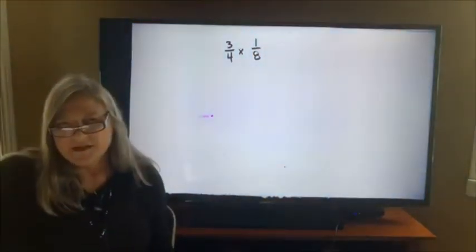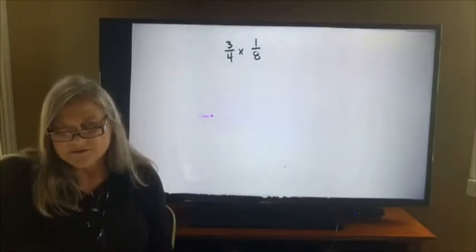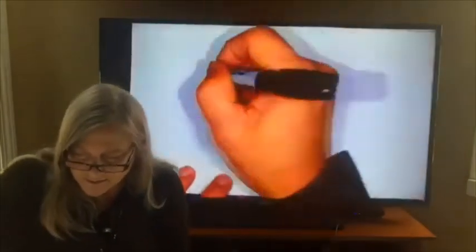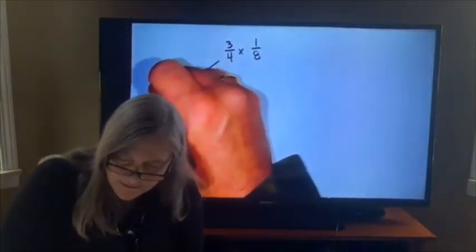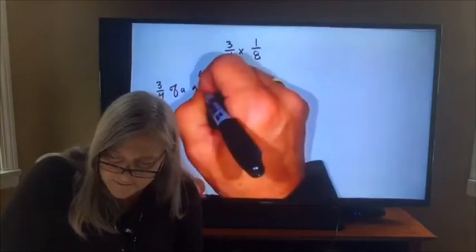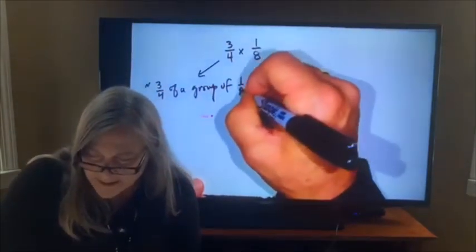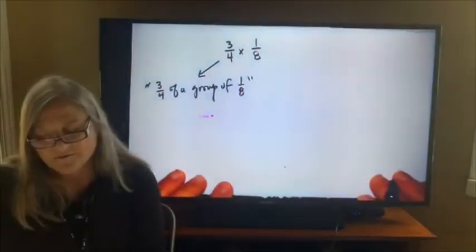So what does that mean? What does 3/4 times 1/8 mean? It could mean 3/4 of a group of 1/8.